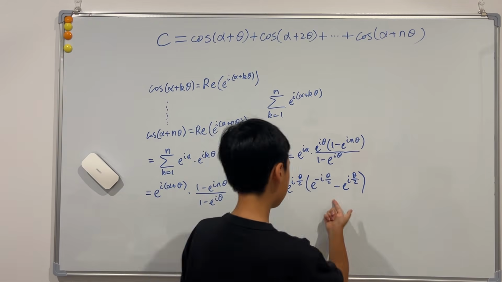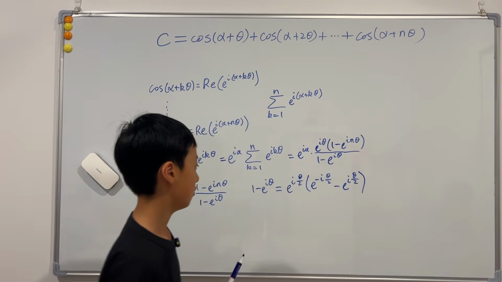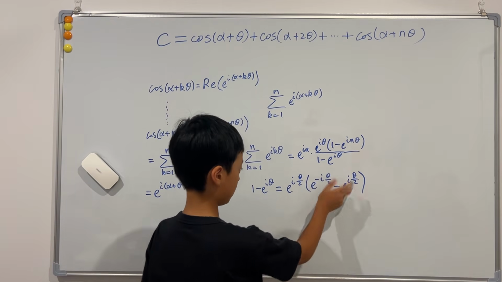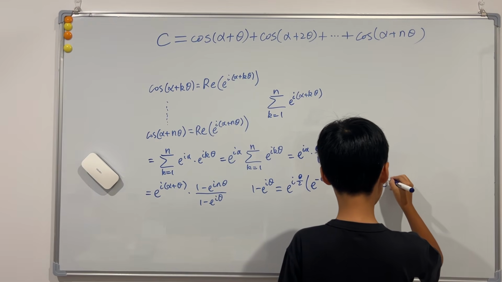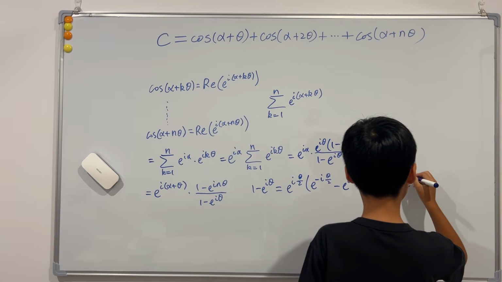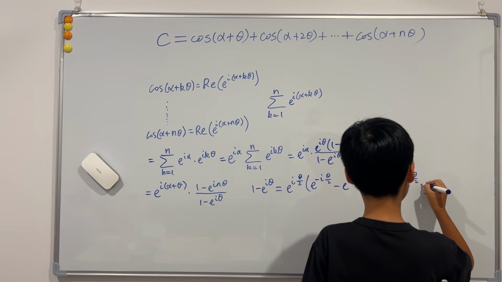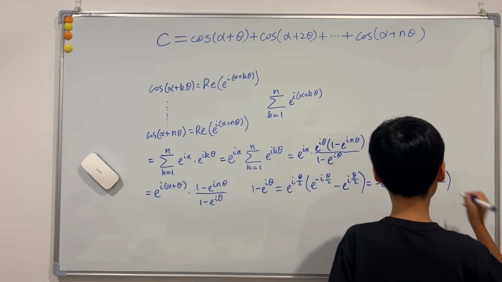Now, this looks quite uncomfortable, right? Because the negative is at the front. So, if we put a negative here, then we can swap this. So it becomes negative e to the i theta over 2 times e to the i theta over 2 minus e to the negative i theta over 2.